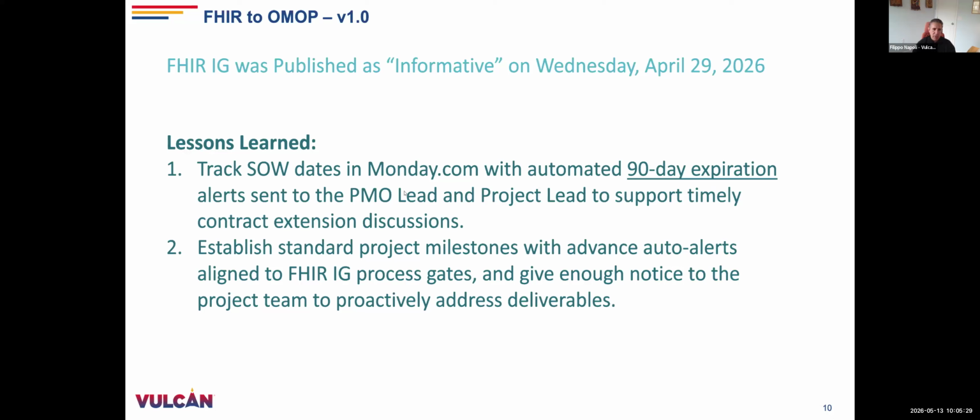We are going to share with you some lessons learned from that project, and two of them came to mind. One of them had to do with the statement of work. I don't know how many of you know this, but HL7 uses a calendar year, so it's January through December.